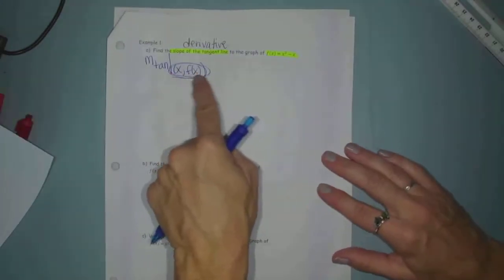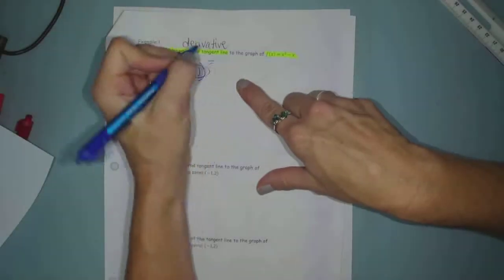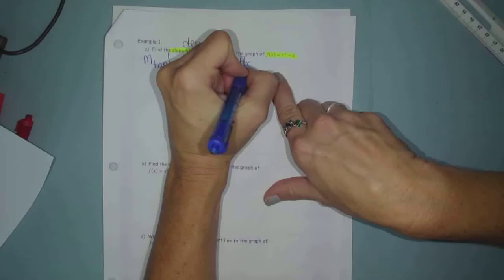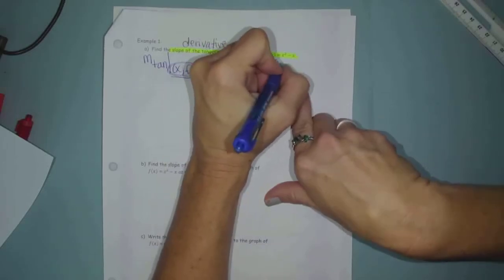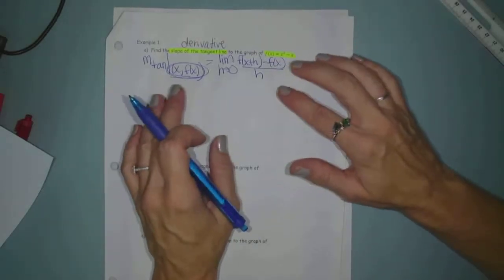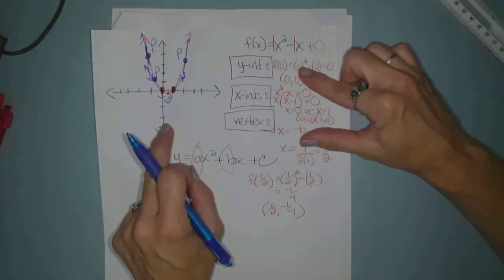We have to open this up to wherever we want to go, and it is equal to the limit as h approaches 0 of f of x plus h minus f of x all over h. This is the formula we're going to use, but now we're going to make this specific to this quadratic that we just graphed.